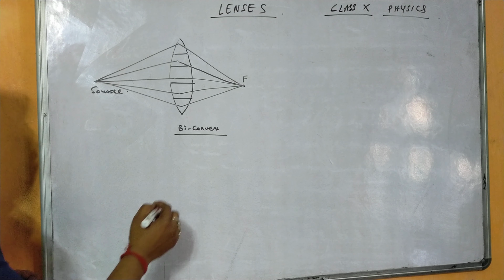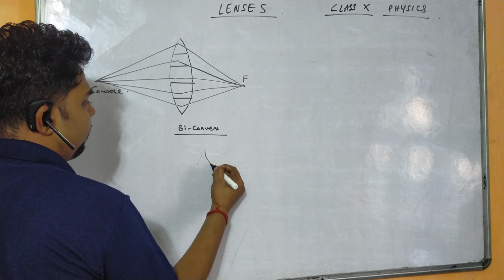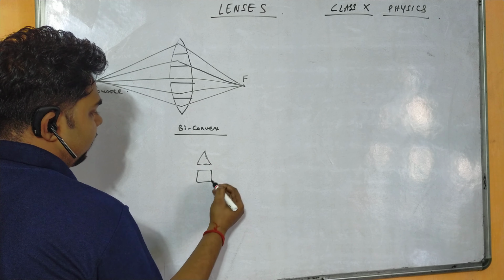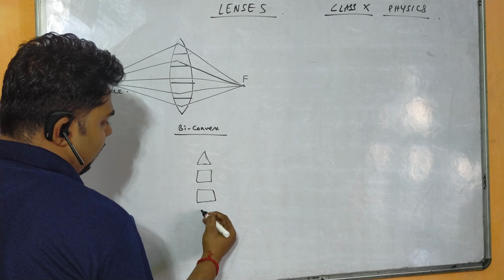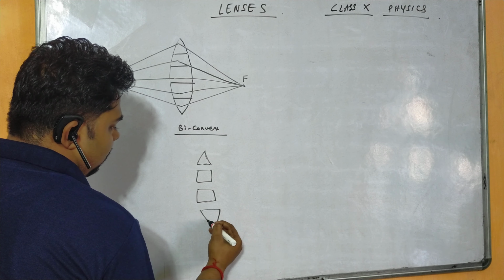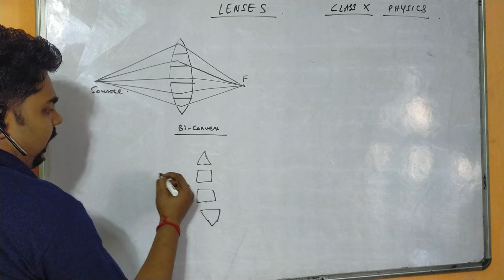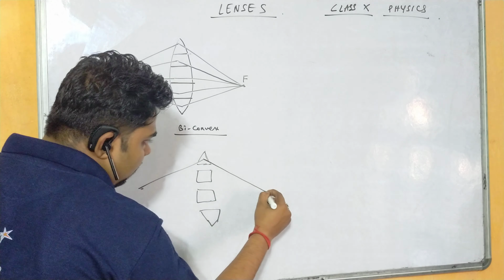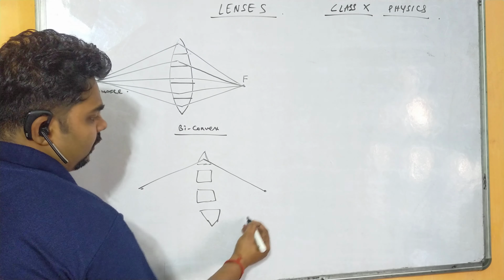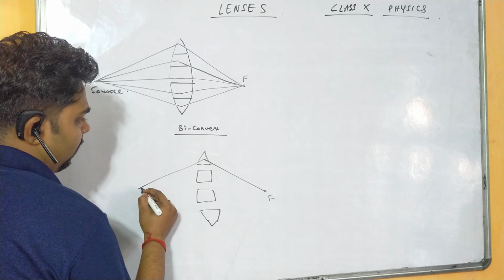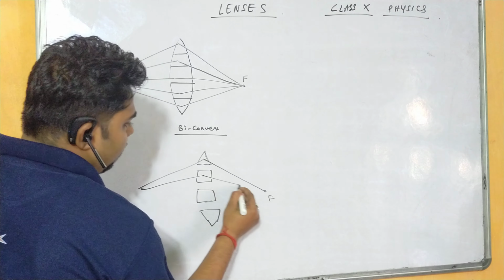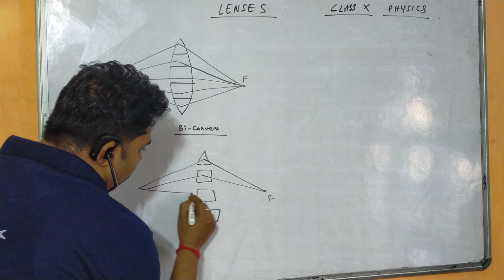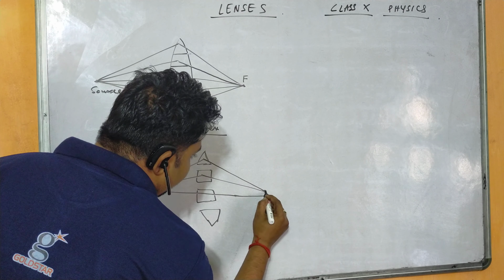Each and every part of this lens will act as a prism, and whenever light falls here, it will refract to a fixed point, that is focus. Similarly, if light falls here, it will focus here. Any light, if it falls at the center, will go straight.